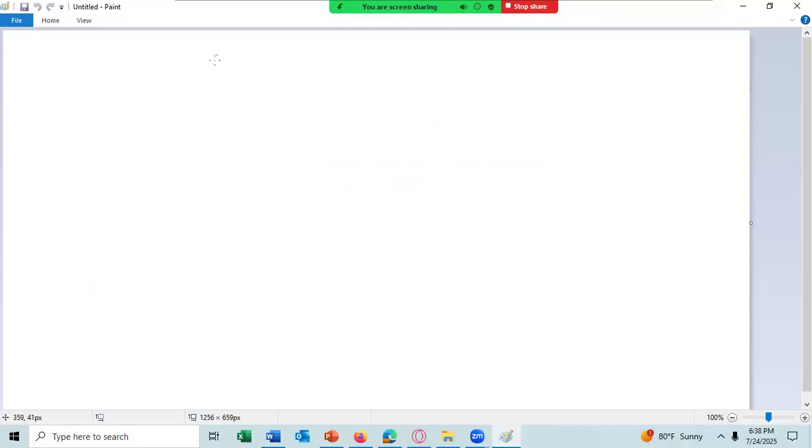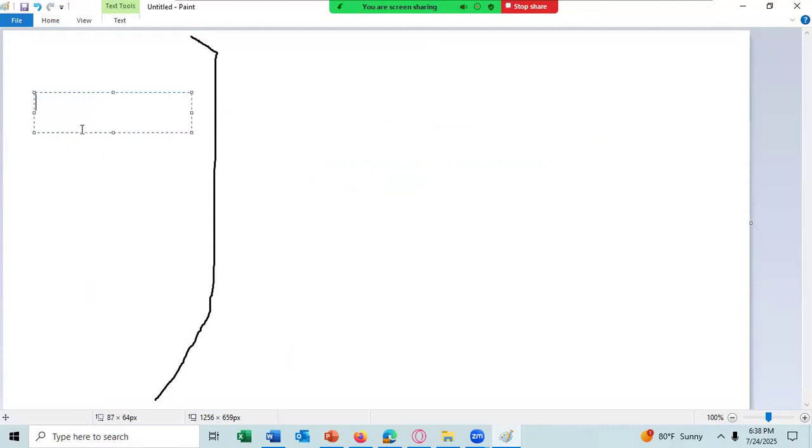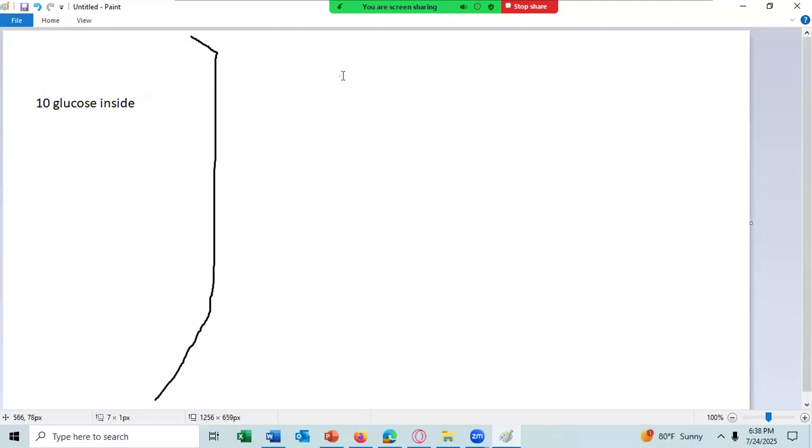Here we have a cell. And let's say we have 10 molecules of glucose already in the cell. And we have 5 glucose outside the cell.